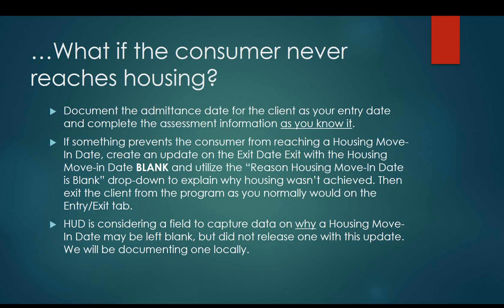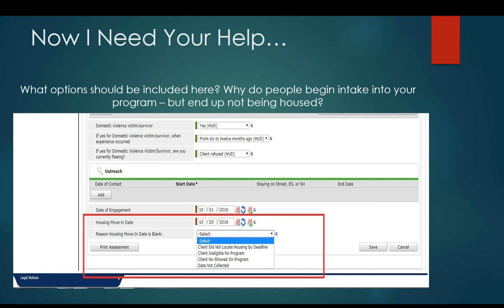So you'll see here that I have included reason housing move-in date is blank. And I have just a couple of options there, so I had an example for your training. I put did not locate housing by deadline, ineligible for program, no showed on program, data not collected. I'm sure there are others, so I would like to know other reasons people don't make it into your program.